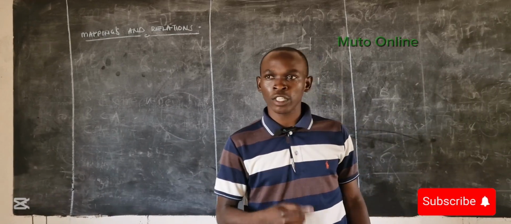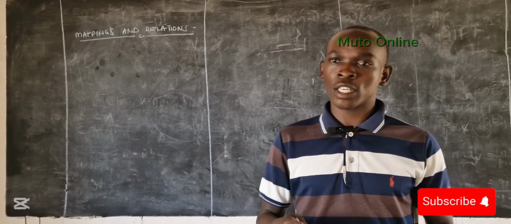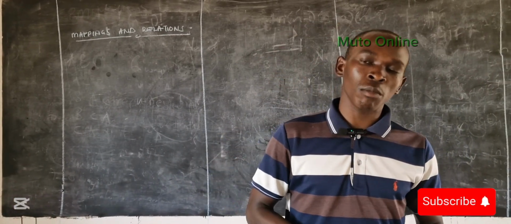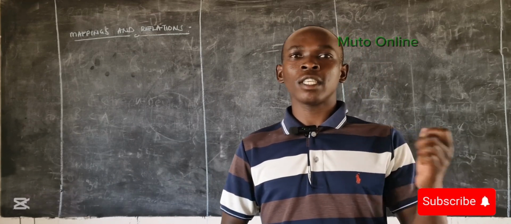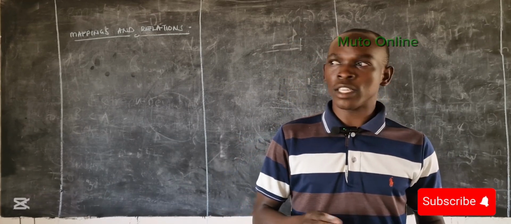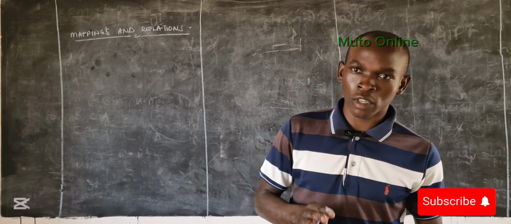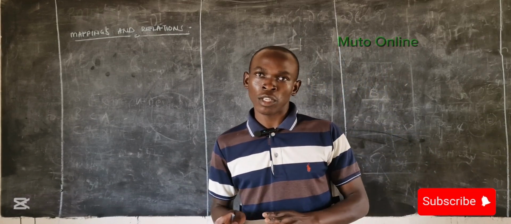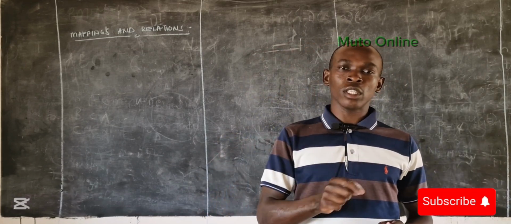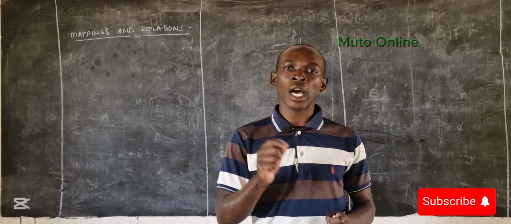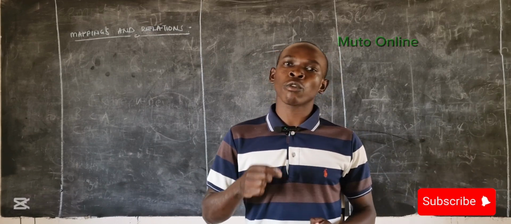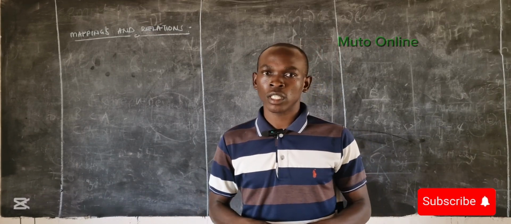So mappings to begin with, and relations. Relation is from relationship, the pairing or a connection between two objects. We can have set A and set B. Then there might be some connections between set A and set B. Now, the connection between these two sets A and B is what we call a relation.